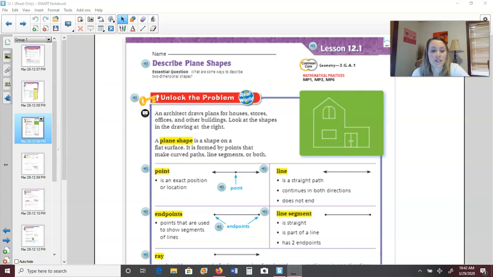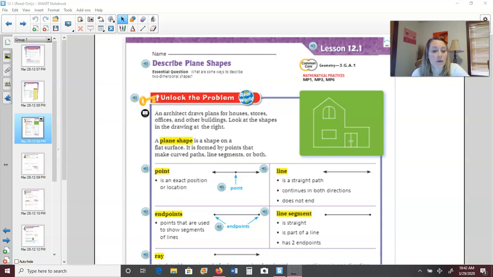So if you look at the picture here to the right in that green box, I'm sure you can locate different shapes. I see on the doors some rectangles, the window's a rectangle, even the upper windows are shapes maybe that don't have necessarily a specific name because they have some curved sides to them.